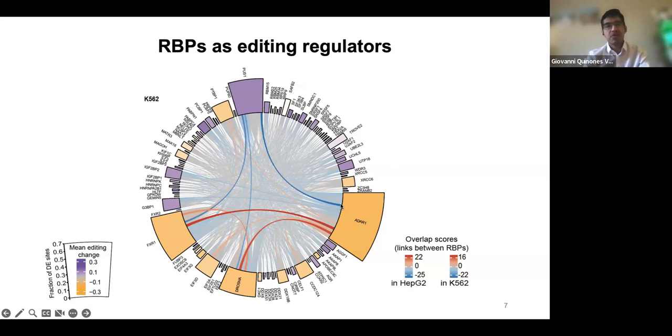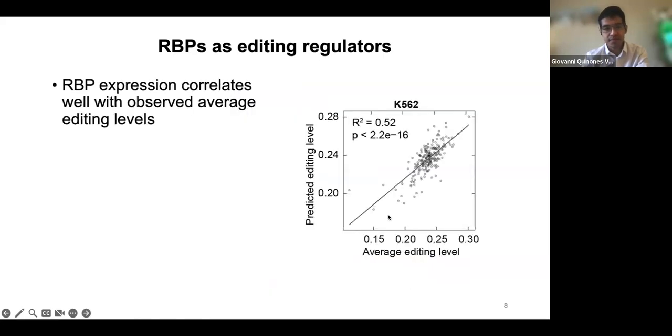So we're going to dive a little bit into some examples and some mechanisms that involve this regulation by RBPs. The first thing we did, however, is to corroborate our results.